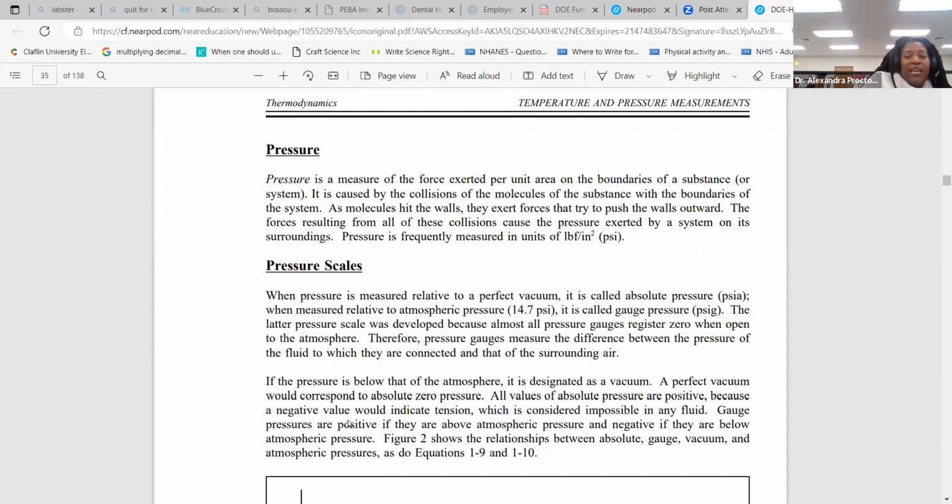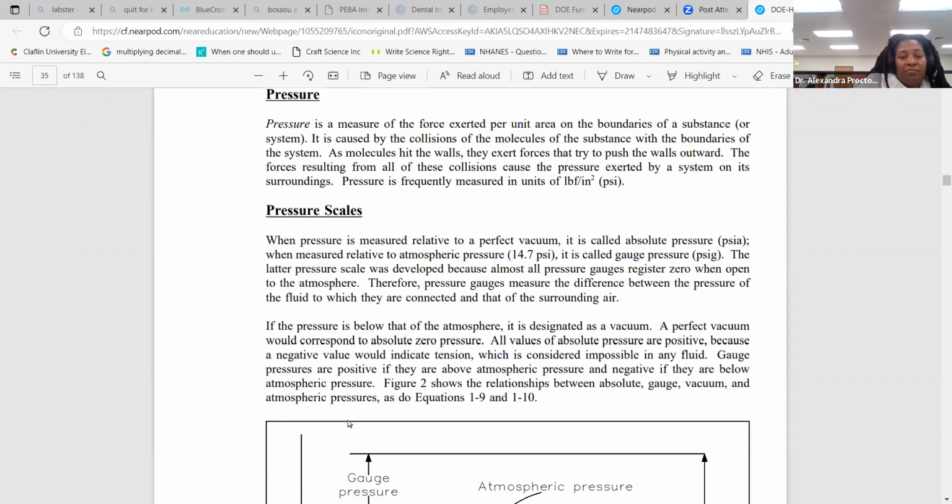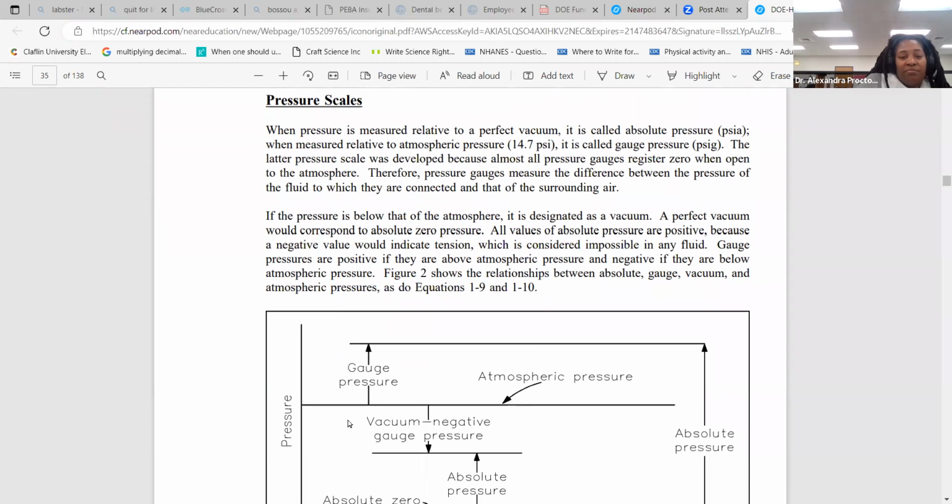And so these pressure gauges measure the difference between the pressure of the fluid to which they are connected and the surrounding air. So if the pressure is below that of the atmosphere, then we call it a vacuum. And a perfect vacuum corresponds to absolute 0 pressure.